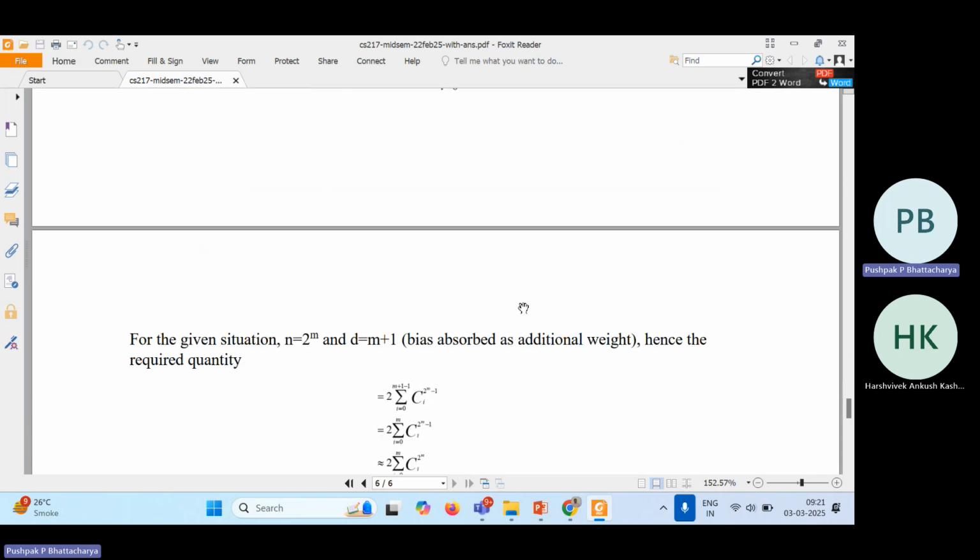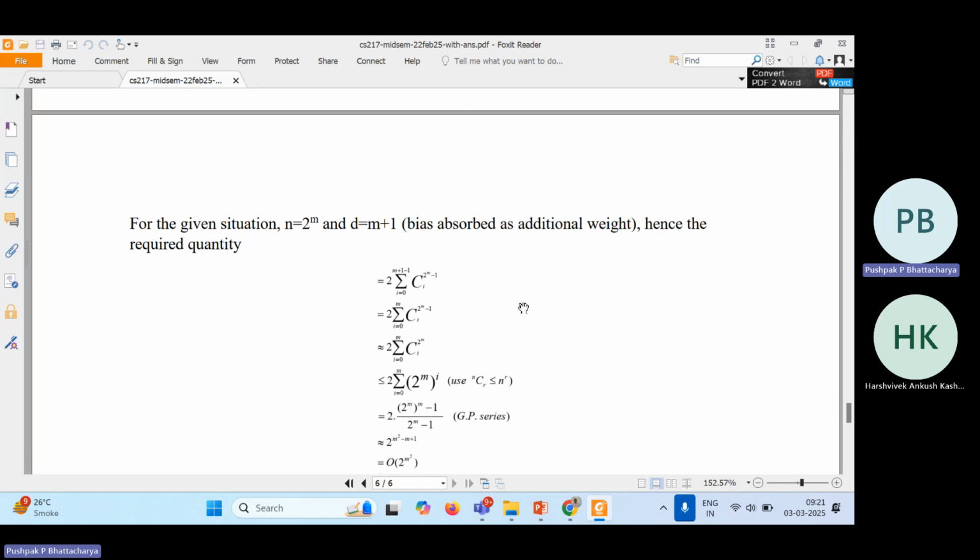So let's see. For our case, n is equal to 2 to the power m. If there are m input variables, then there are 2 to the power m points, right? And d is equal to m plus 1, so bias is absorbed as an additional weight. Hence, we are asking: in m plus 1 dimensions, how many regions will be produced by 2 to the power m hyperplanes?